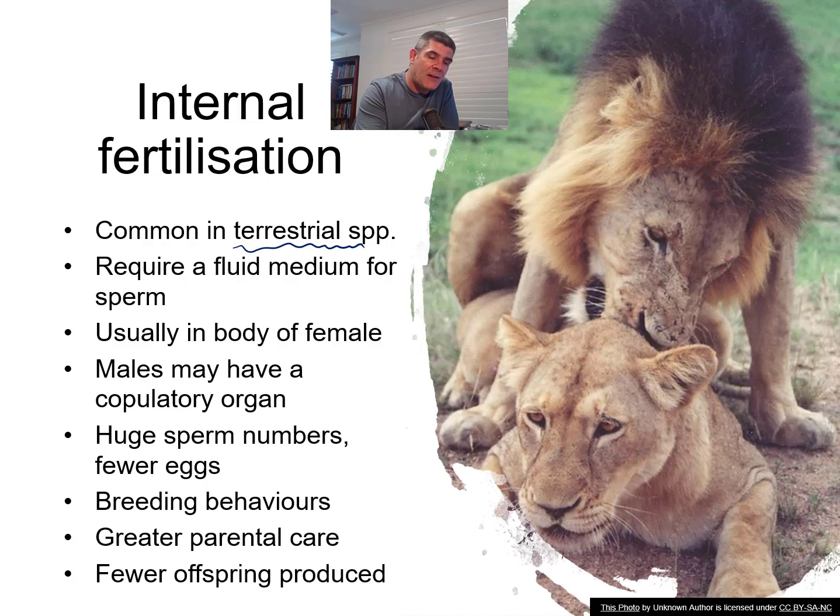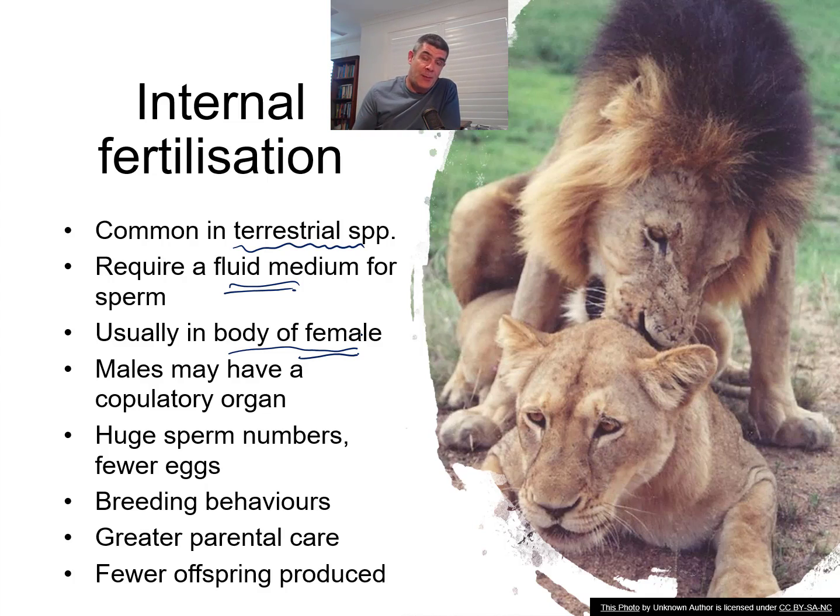It requires that fluid medium for the sperm to swim, because unlike an aquatic environment, that's not readily available in the terrestrial environment. Usually that happens in the body of the female, so that there are structures within the female that allow for the sperm to meet the egg at some point.